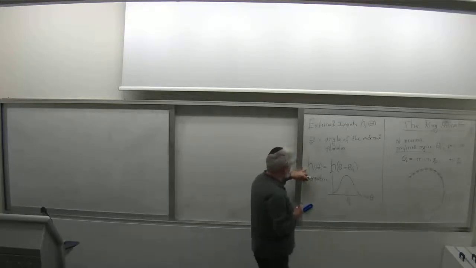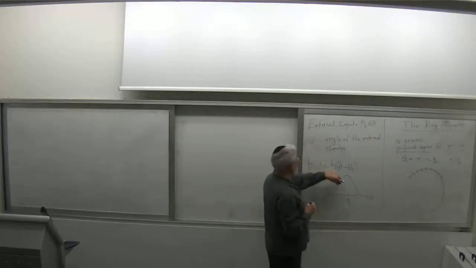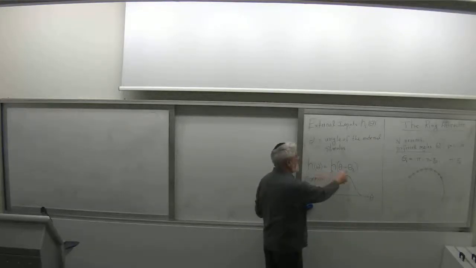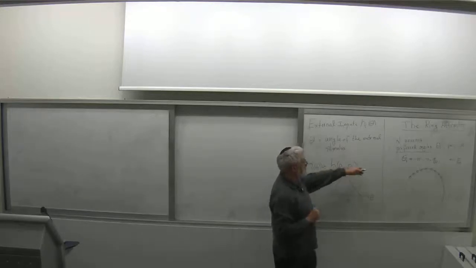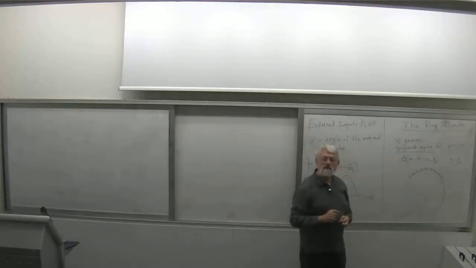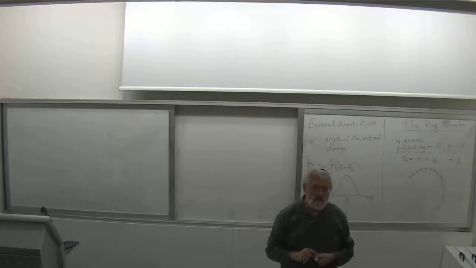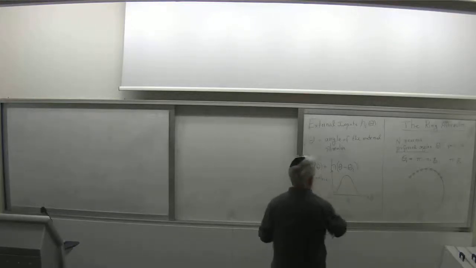I'm assuming that HI of theta is really a function only of the difference between theta and the preferred angle of the neuron, theta I. H is the same function for all neurons, just displaced.